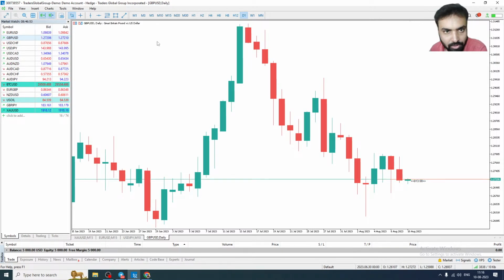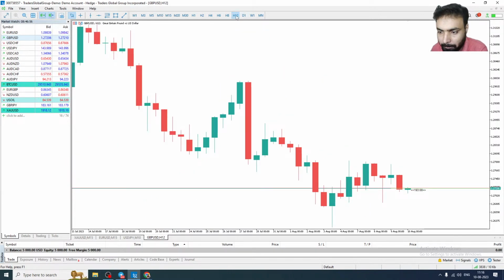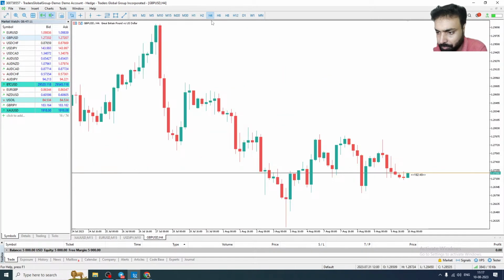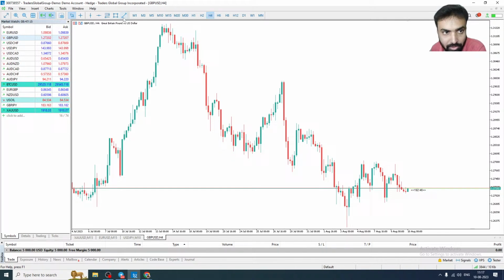Unfortunately, we don't have anything. Push down, push up, push down, push up. We have something here, but it takes much time to go over there. On the 4 hour we can see something here.